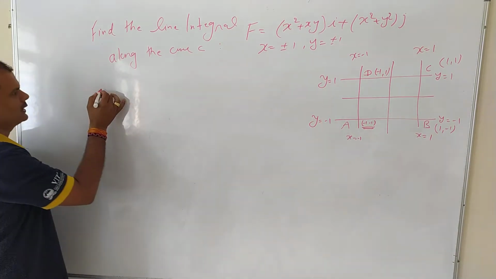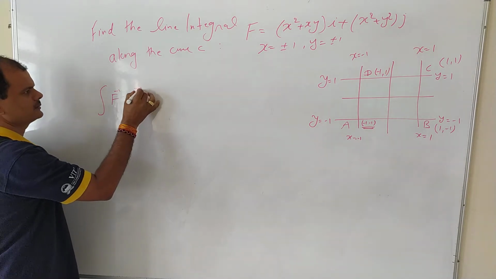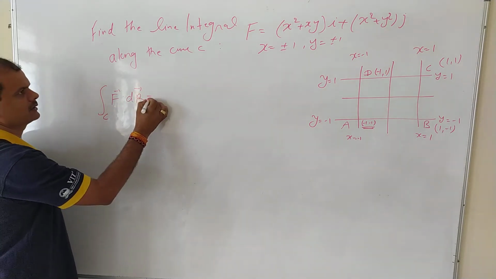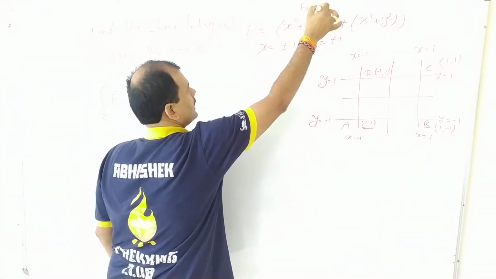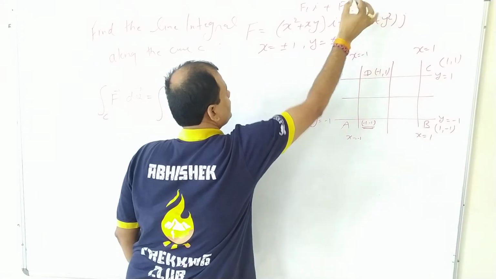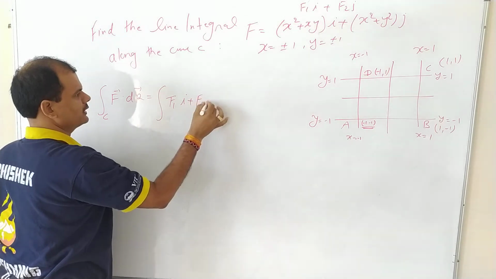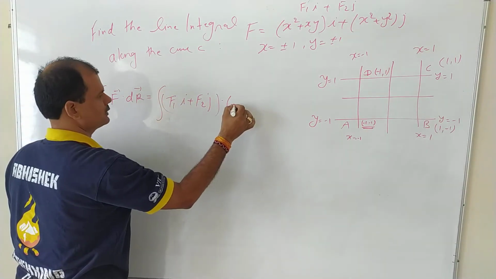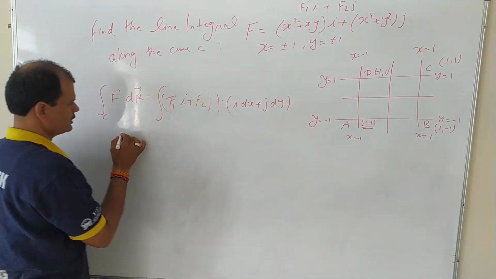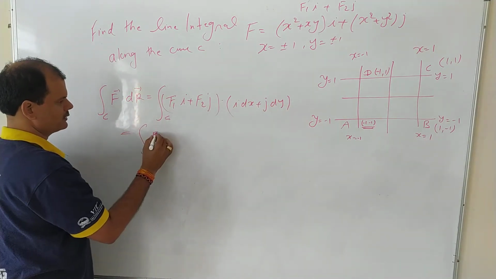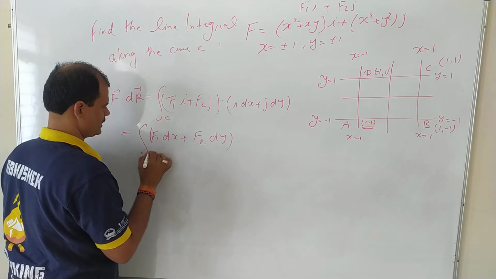So what do we do? Line integral we know is f dot dr along the curve c. If f is f1 i plus f2 j, then f1 i plus f2 j dot i dx plus j dy gives f1 dx plus f2 dy along the curve c.